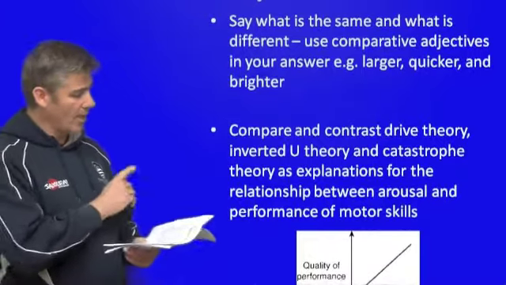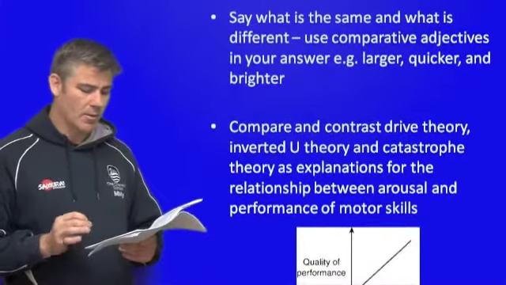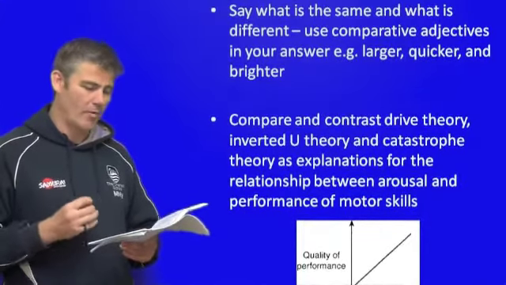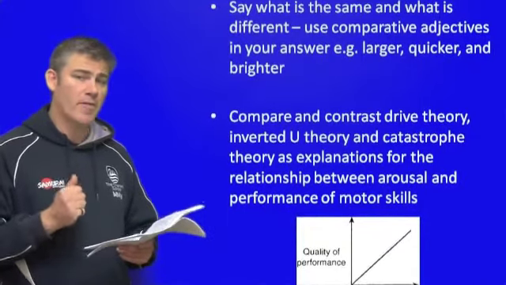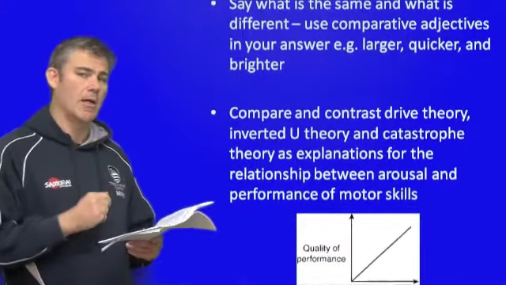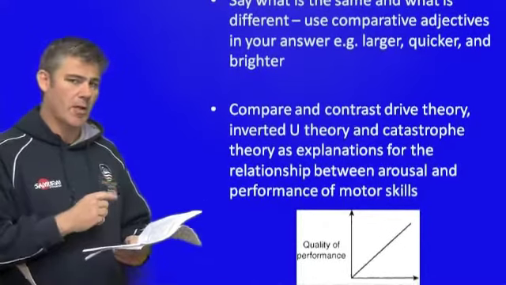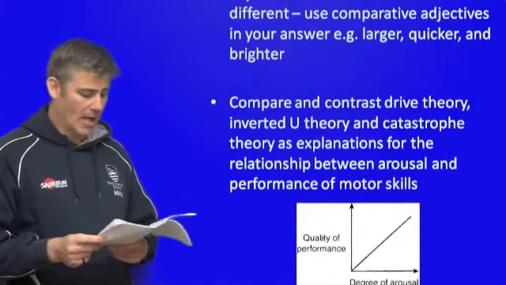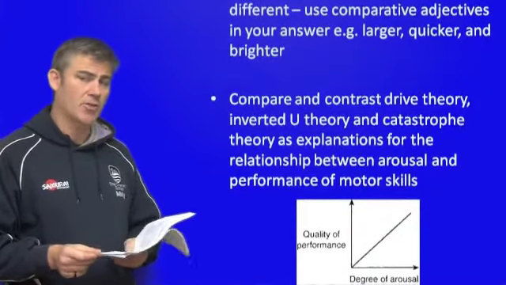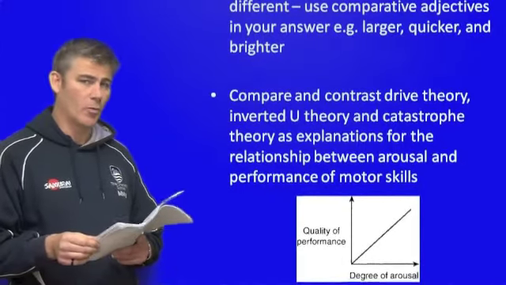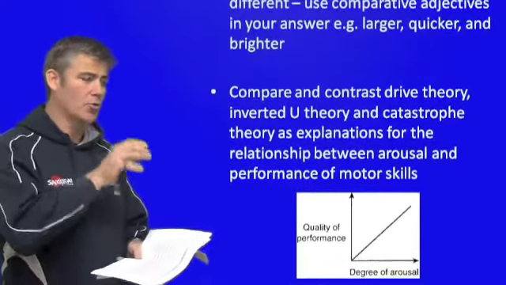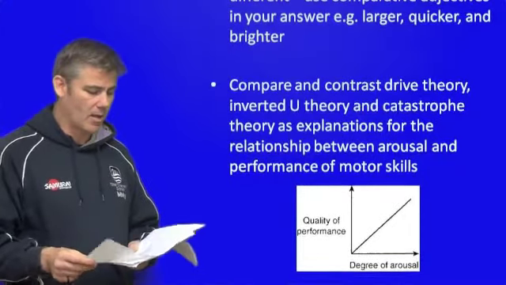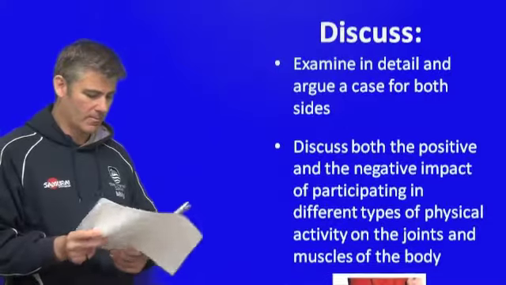A typical question here is compare and contrast 3 different theories in terms of interpreting arousal and performance. Those being the drive theory, which is a very linear line, the inverted U theory, which is a little bit more complex, and the catastrophe theory as explanations for the relationship between arousal and performance. Something that you will have to judge and interpret for yourself and then respond with an effective answer with comparisons.